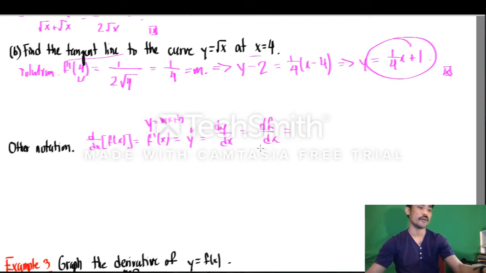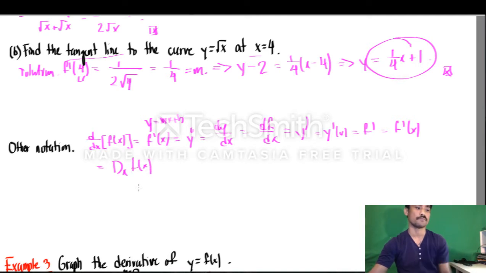Then y prime of x, or f prime of x. There's literally a lot of different ways here. I use that in calculus 3. I believe this is Leibniz notation here. This is dot notation or Newtonian notation. I'm not sure where the prime came from. Newton.